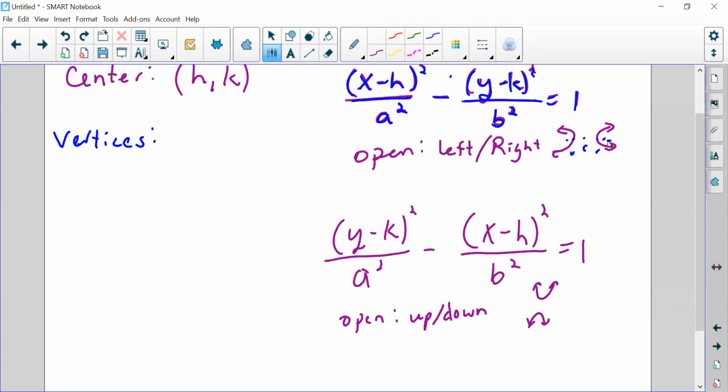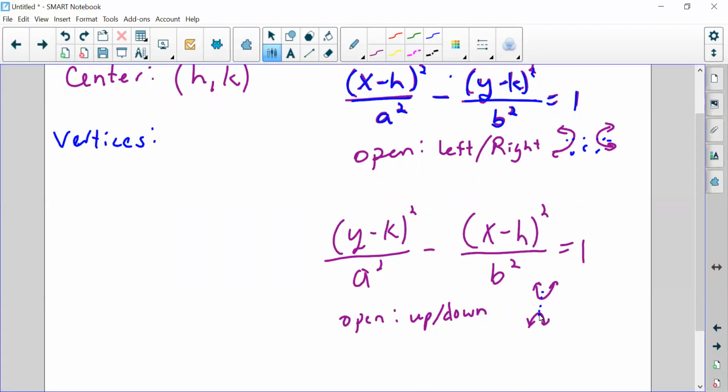The vertices are at the tips of the U's, and the foci are just inside the U's, always on a line. That's going to help us remember which formula to use.